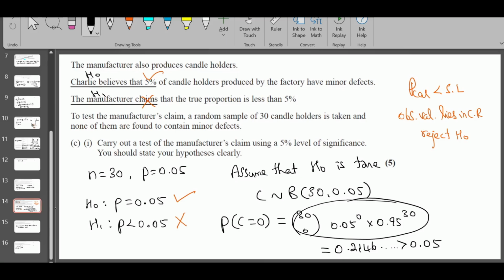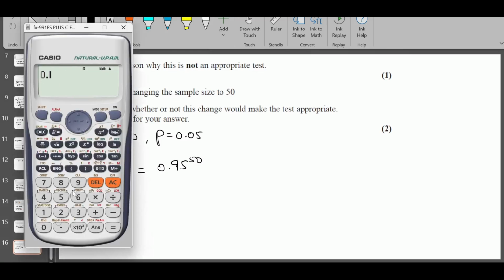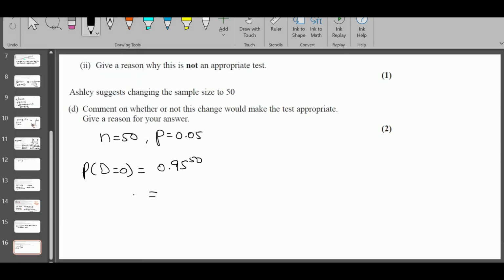Because 50C0, probability of success to the power 0, 0.95 to the power 50. So when you calculate this, 0.95 to the power 50, you are still getting a number bigger than this. 0.0769 etc. is greater than the significance level.